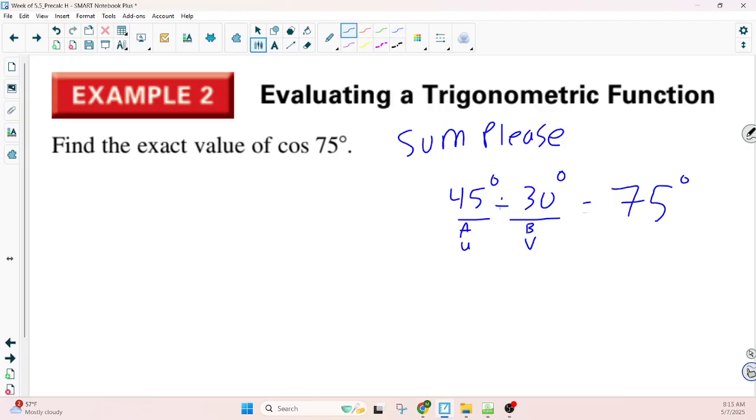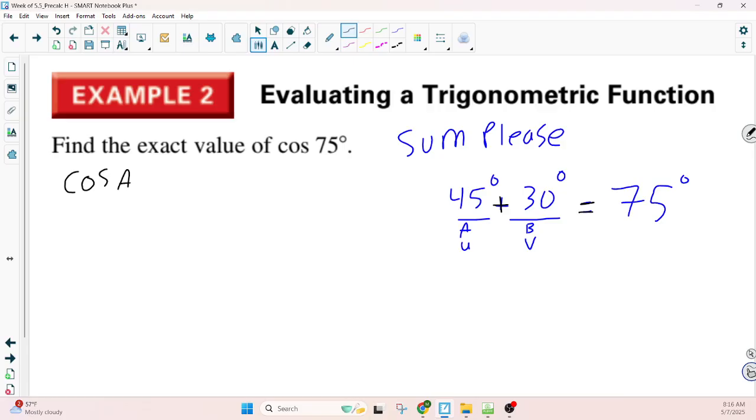Okay, so we're doing a sum here. This should be a plus. I guess we're having some issues with the capture here. And that means that we just need to look up that sum formula. So I'll write out the sum formula because I'm doing a screen capture, but you will hopefully have the sum formula in front of you. The sum formula for cosine is cosine of A, cosine of B, minus sine of A, sine of B. So I'll just write that real quick.